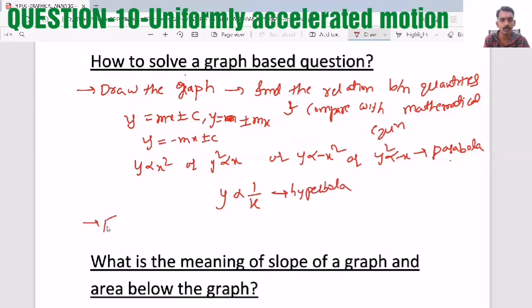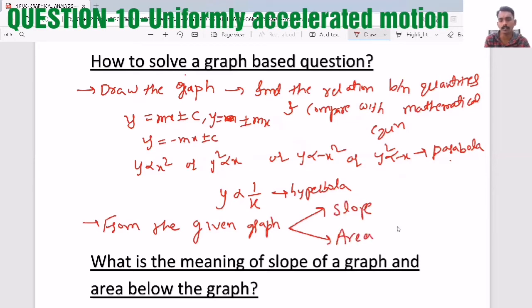Or else, from the given graph, you can find the quantity whatever they are asking, either by finding slope or area below the graph. Slope means, if it is straight, delta y by delta x.